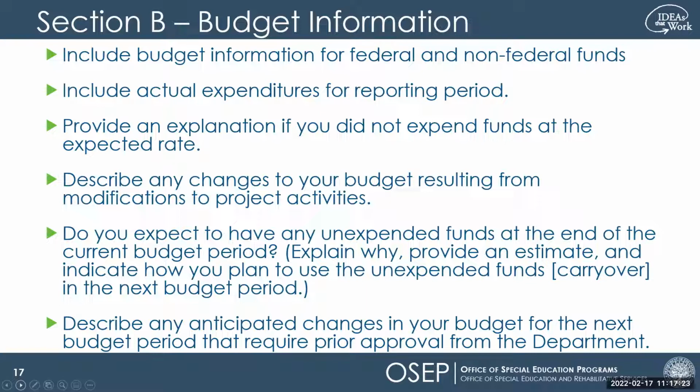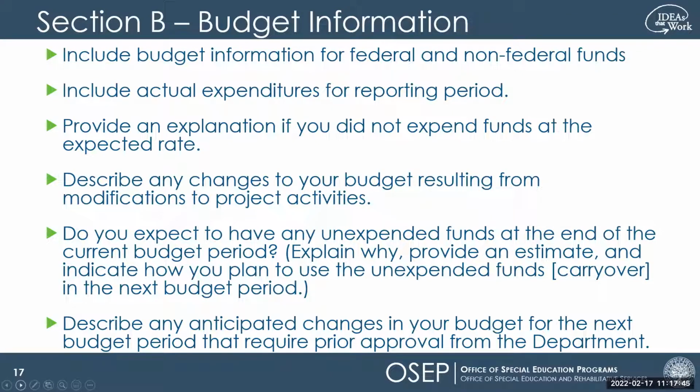And do you expect to have any unexpended funds at the end of the current budget period? If so, you need to explain why, provide an estimate, and indicate how you plan to use the carryover funds in the next budget period.